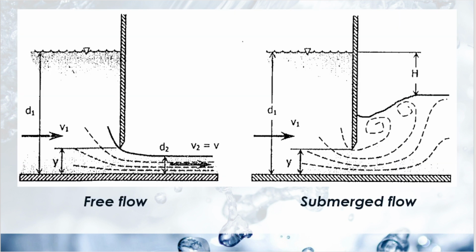On the right side of your screen, you're going to see the free-flowing gate, wherein the gate is submerged only on the left side. The other one is what we call the submerged flow, wherein both sides of the gate have fluid, and the gate is submerged on both sides.